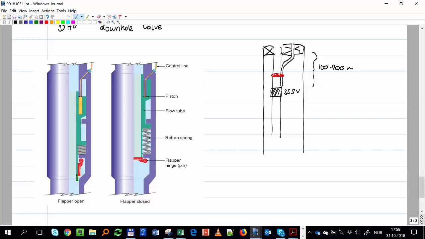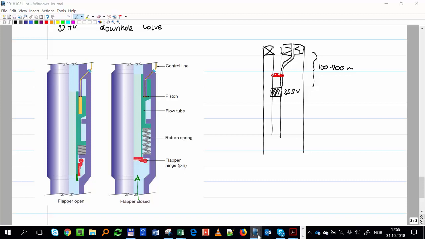When something happens, an emergency, you lose the hydraulic fluid, then the spring pushes back up, and that uncovers this flapper, and the flapper closes. Such that if you have fluid coming from the formation, you don't have any more production.